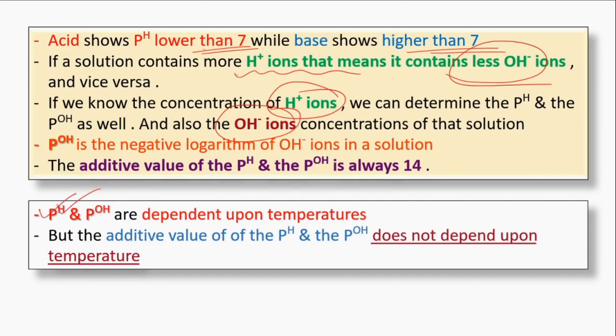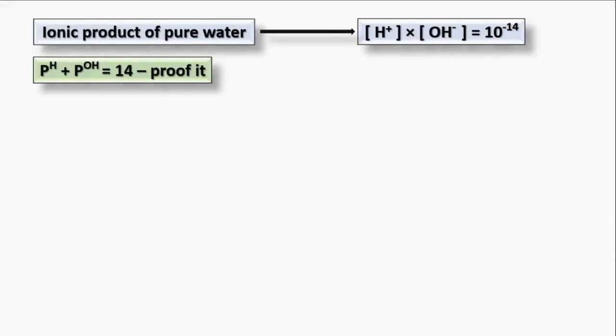That means fluctuation of temperature can affect the pOH as well as the pH, but the additive value, the cumulative value of pH and pOH, which is 14, cannot be affected by temperature, because this additive value is not dependent upon temperature. As you can see, the ionic product of pure water, H plus times OH minus, is about 10 to the power minus 14.